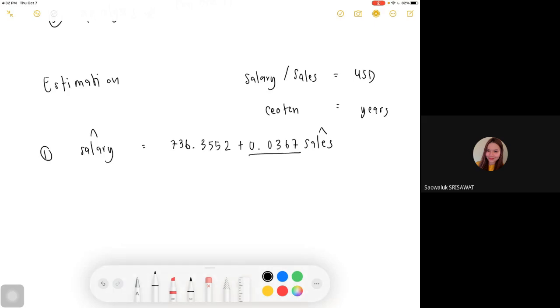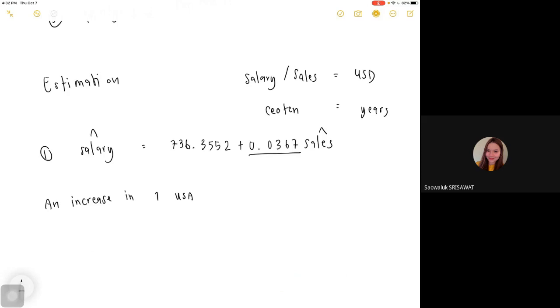So the way you interpret your coefficient here is that, right?